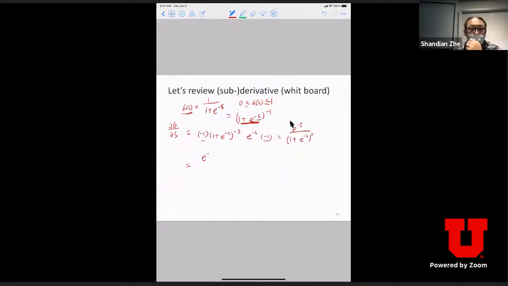So now we can write it as e to the minus s over 1 plus e to the power of minus s, times 1 over 1 plus e to the power of minus s, right? This is correct, right? So now, what's this? Yeah, it's Sigmoid itself, right? And what about the left term?